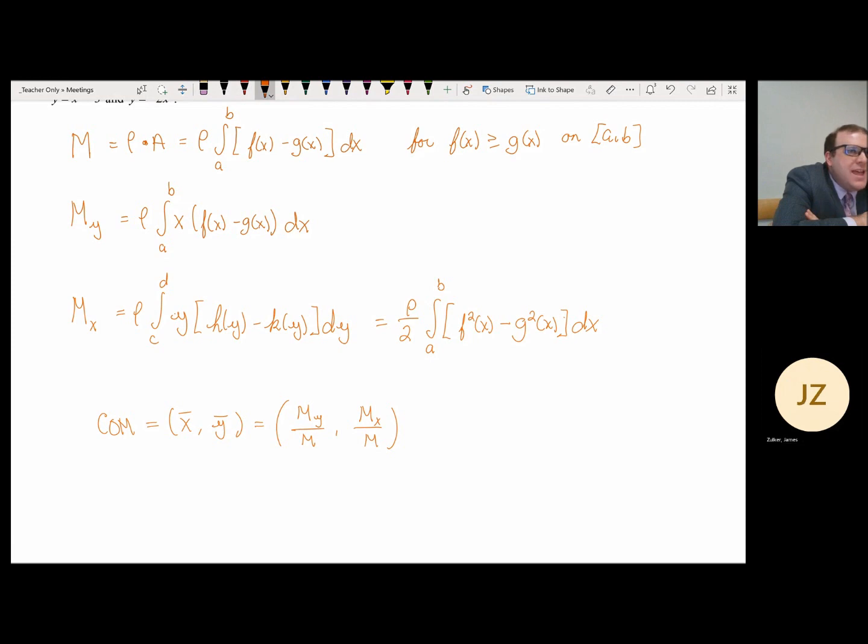The y coordinate is Mx over m. And by the way, it's only if density is constant. If density is variable, let's say density varies as a function of x, then that rho of x would go in the integral for each one.